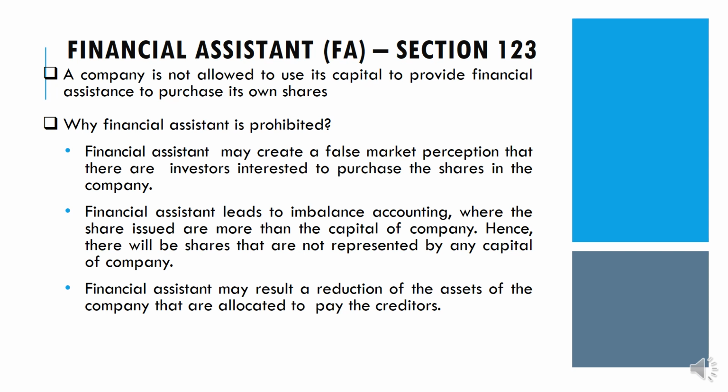Why is it not allowed? Why is it prohibited? Because financial assistance basically means this. A company has 100 shares and got 100,000 from those shares. They want to show others that actually it's a big company, that they expand. So they issue another 100 shares.